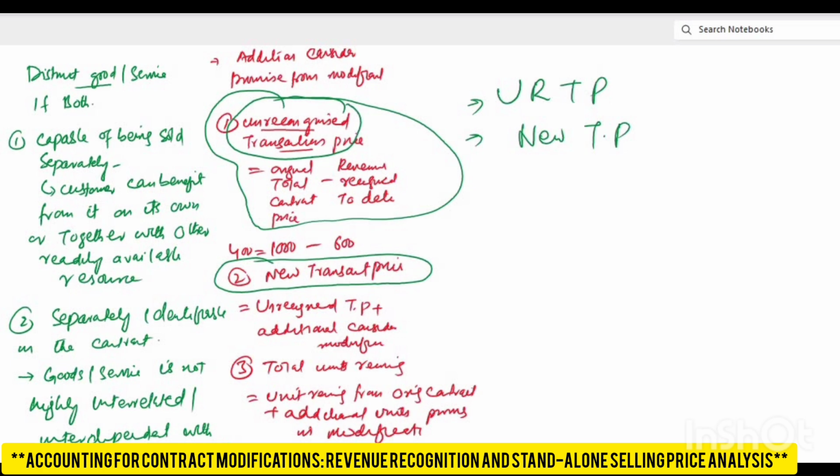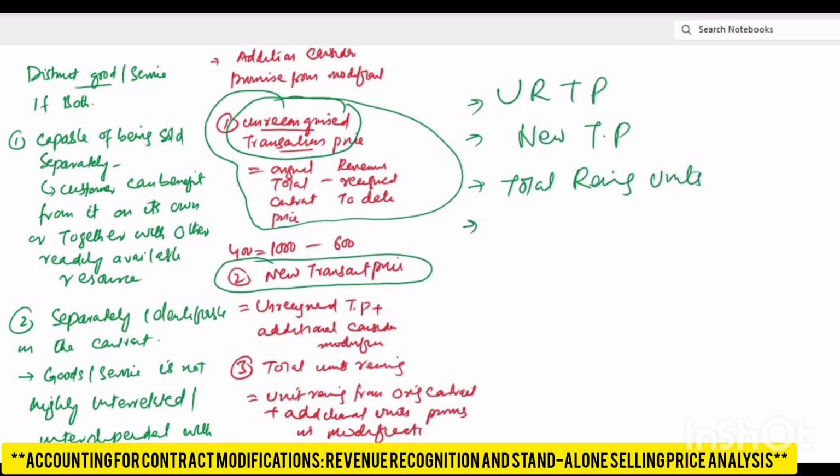Clear? After doing this, you have to calculate the total remaining units. Total remaining units means the remaining units from the original contract and additional units promised. Clear?